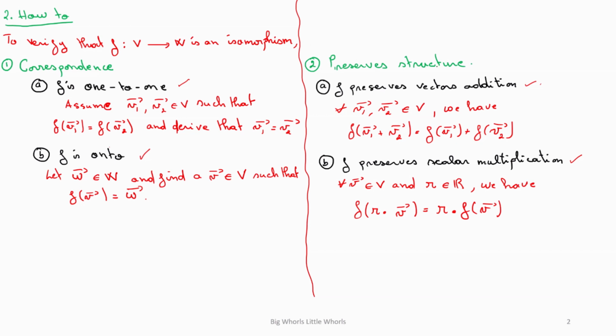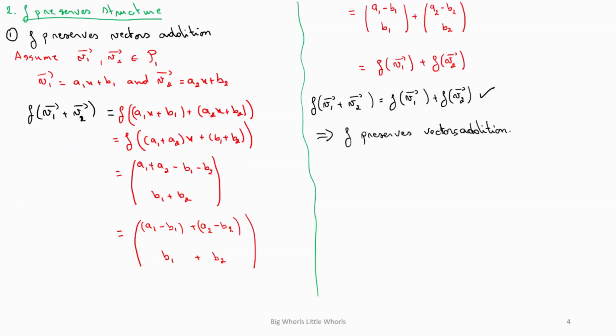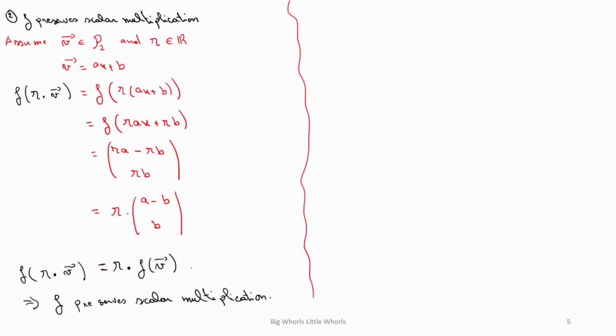By preserves structure, we mean f preserves vector addition, and it also preserves scalar multiplication. Basically this is what we have done in this tutorial. And I think there is a small mistake: here I say v is an element of p2. No, we are working with p1, sorry about that. It is degree 1 polynomials, so it's p1, not p2.